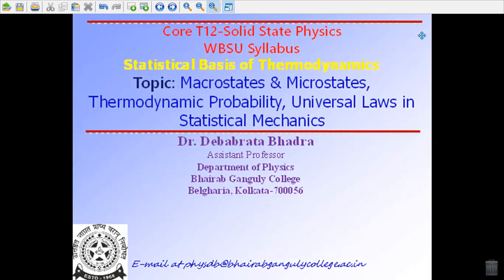Remember the order of the Avogadro number, that is 10 to the power 26 per kg mole, and therefore it is impossible to apply the ordinary laws of mechanics to a physical system containing a large number of particles, particularly that of electrons. Such problems are, however, successfully solved by statistical mechanics.